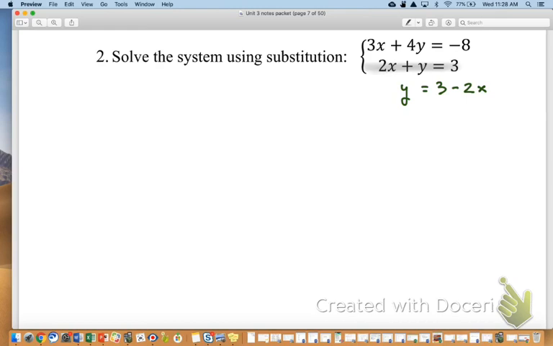So now we're in a very similar place to where we were a minute ago. What I would encourage you to do is try this: in the other equation, see if you can substitute the y out and put 3 minus 2x in its place. There are some additional factors in here that make this a little bit tougher, but it's very similar to what we just did. Yes, ma'am?